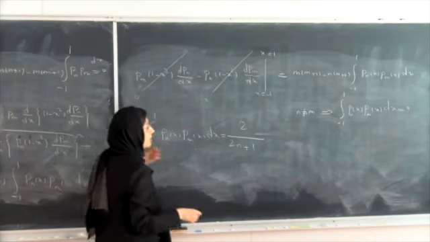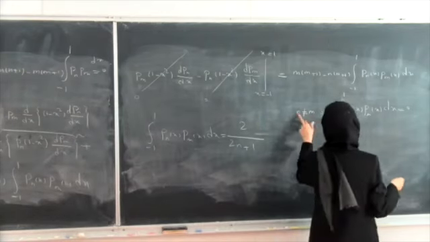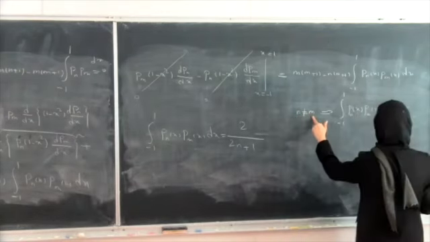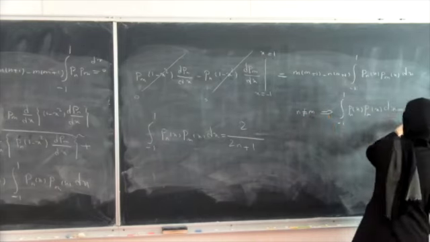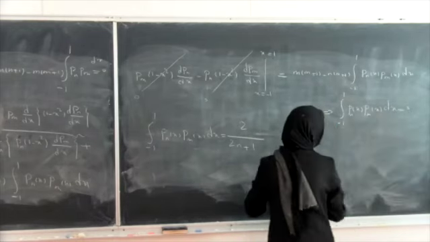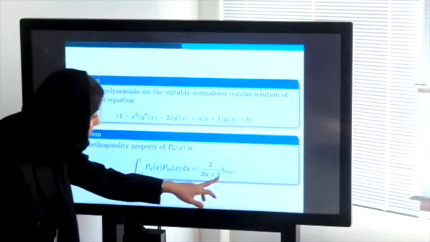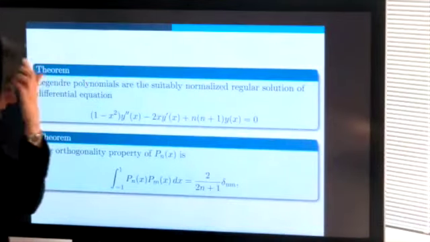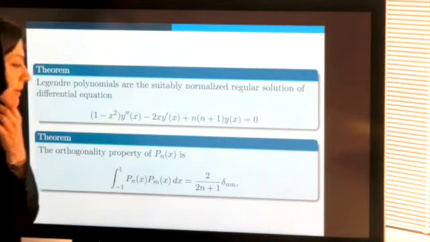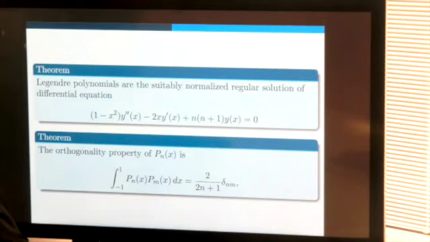Now we show that for n not equal to m, we have 0. And now for this theorem, we want to show that for n equals m, we have this integral as 2 divided by 2n plus 1.